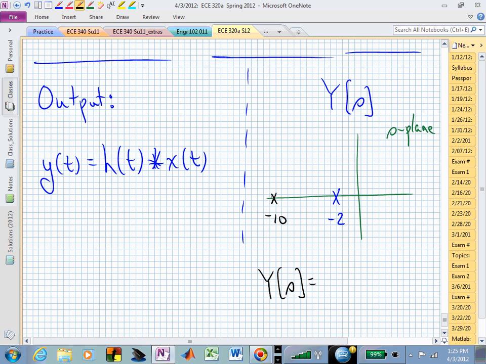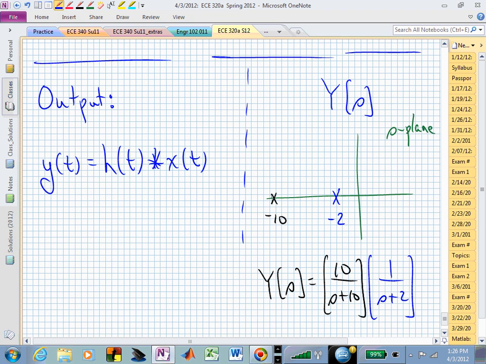What was h of s? Wasn't it 10 over s plus 10? And the input waveform, 1 over s plus 2. And now you know how to inverse Laplace transform to find the complete solution, little y of t.